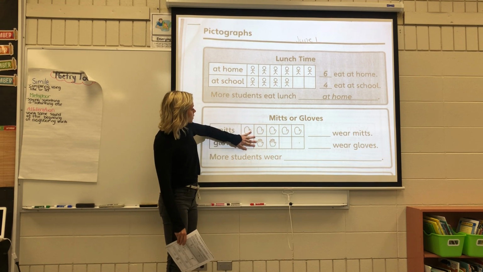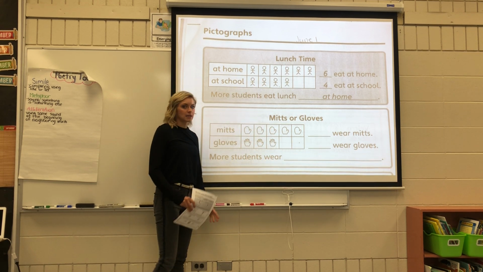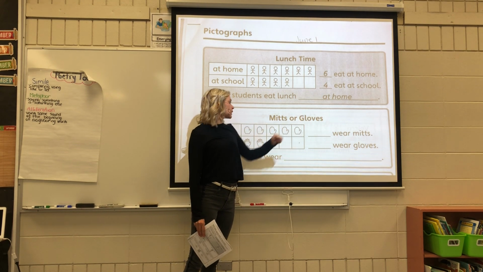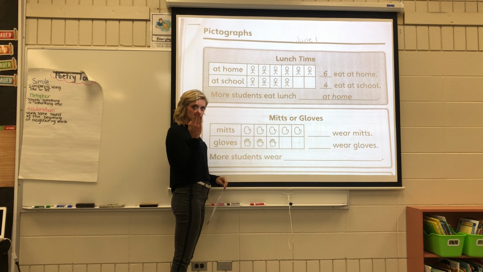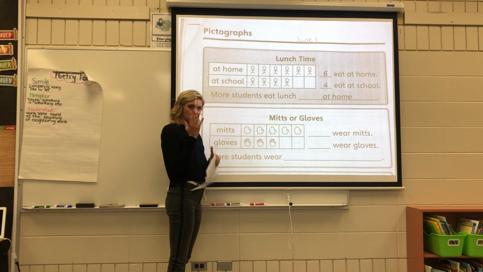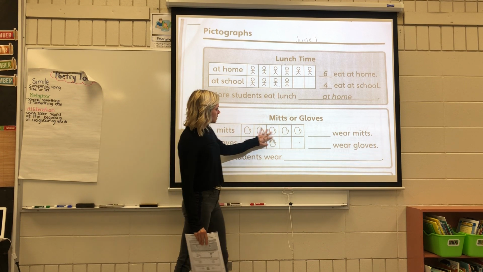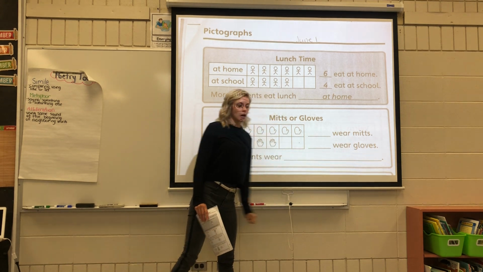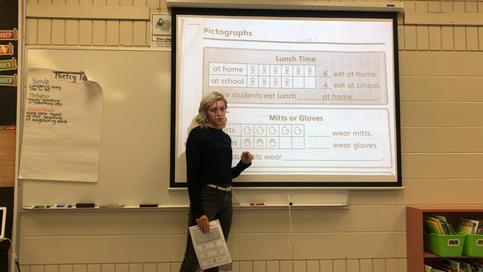There are 2 more, just like this one, for you to fill in. So this one was asking, do people wear mitts or gloves? And they use little mittens for if they wear mittens, or gloves, which are the ones with the little finger slots. And then you need to tell me how many wear mittens, how many wear gloves, and more students wear which one of these 2.